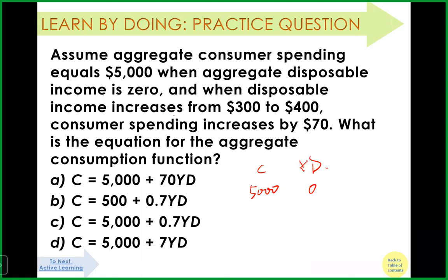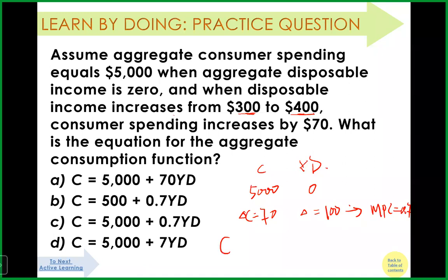When disposable income increases from 300 to 400, so the change equals 100, the change in C equals 70. So this implies what? What is the MPC? 0.7, right? So thank you.